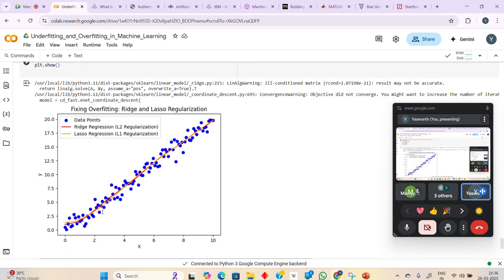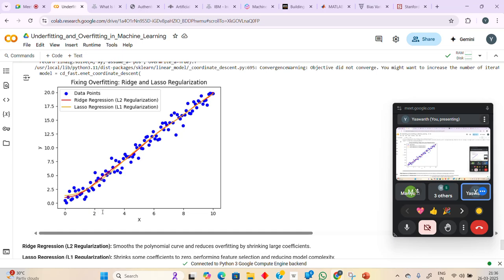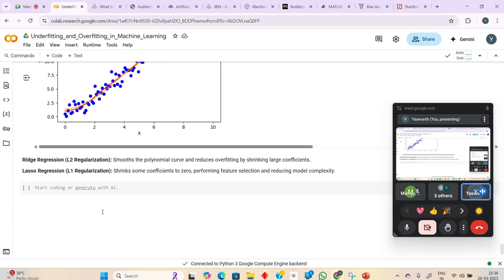So this is the way we can deal with overfitting and underfitting situations. Basically, ridge regression, L2, will smooth the polynomial curve and reduce overfitting by shrinking large coefficients. L1 regression will shrink some of the coefficients directly to zero, and it will perform feature selection and reduce model complexity.